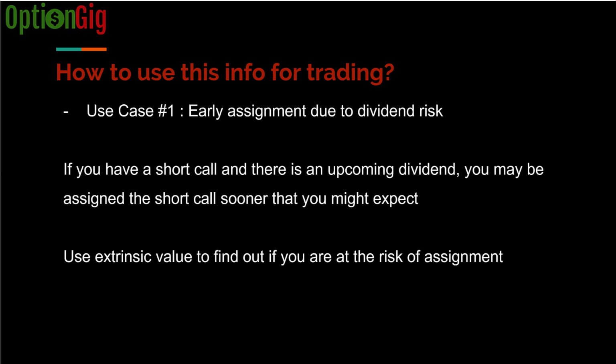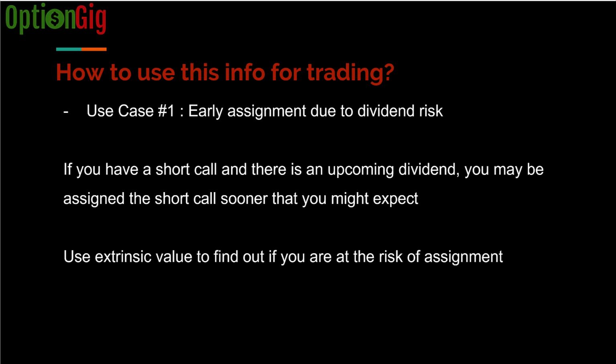New option traders are always stumped by this, because one morning they log in and suddenly see that they have been assigned a short call, and now their account has a negative or short stock balance. Now understanding this option pricing breakup will help you to know whether you are at a risk of early assignment or not.